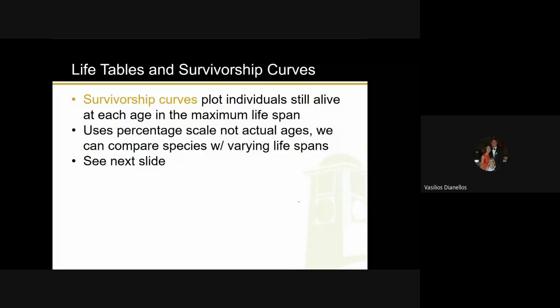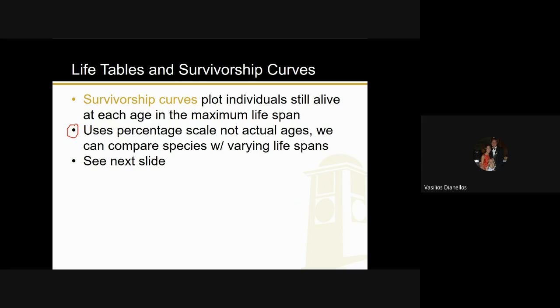So the survivorship curves plot the individuals that are still alive at each age and the maximum lifespan. So the last one was basically a table, and the next one's basically a graph, and you'll see what I mean when I show it to you. But one important thing you should note before we look at it is that survivorship curves use a percentage scale, and not actual ages.